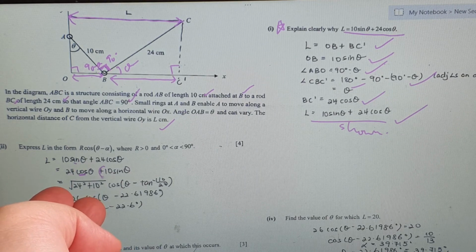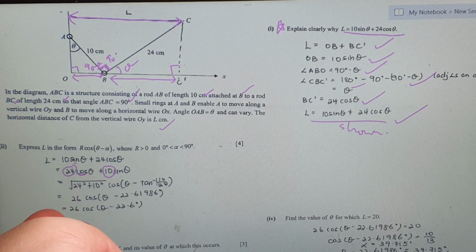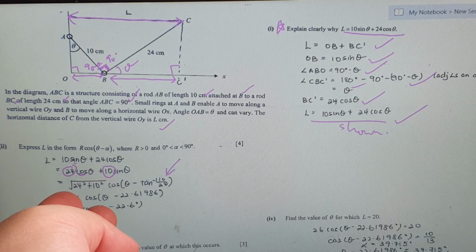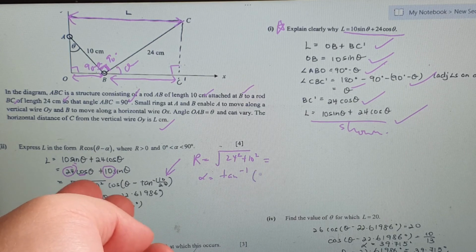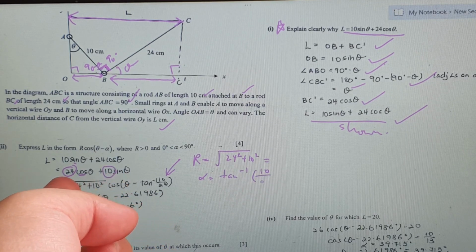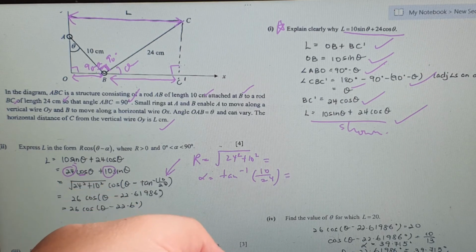Then you can use tangent inverse of this over this. This one is a shortcut. You can do it by the side here. You can say R equals to this, then alpha equals to tangent inverse, must be the second one over the first one. Then you'll get this ready.